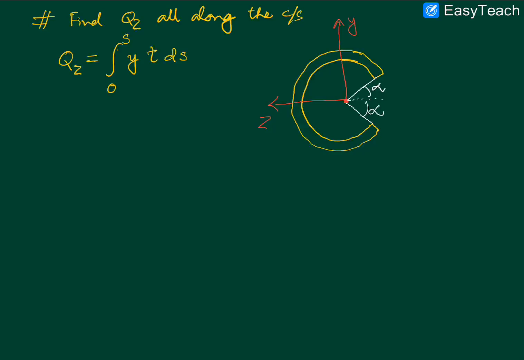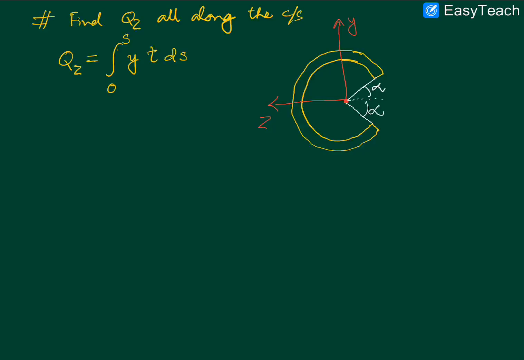Okay, so how do we compute this particular thing for our cross section here? What we'll do is take this generic distance s from this open end. So we'll start from here. We understand that s equal to 0 is present here, and we're going to move along this.